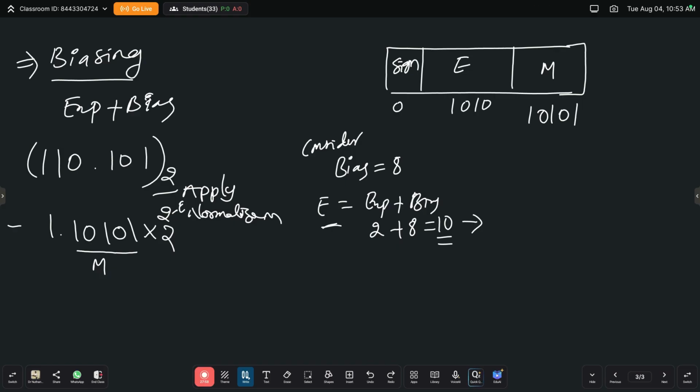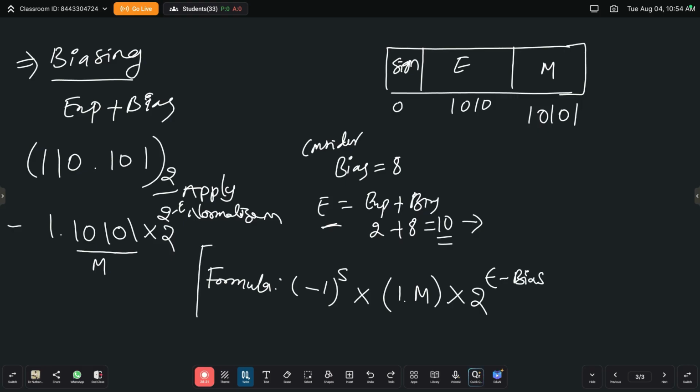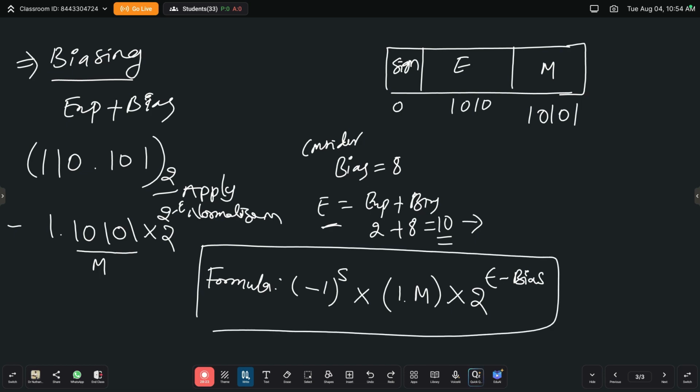The formula for this is minus 1 power s into 1 point mantissa into 2 power exponent minus bias. So this is the formula you can apply, and you will get the representation.